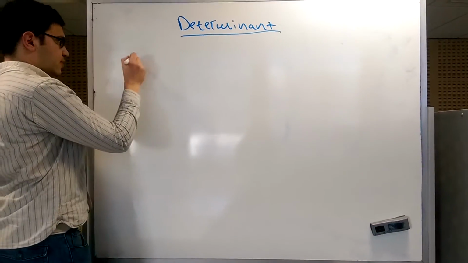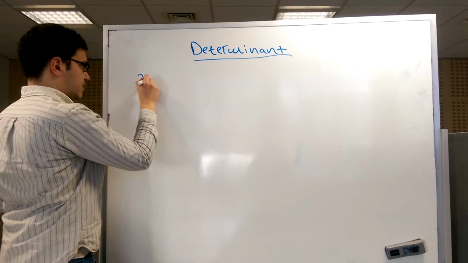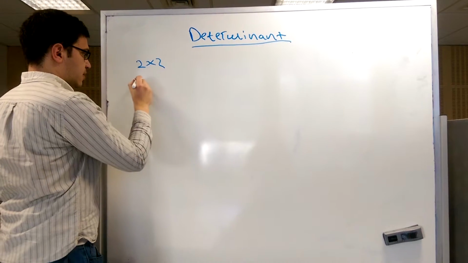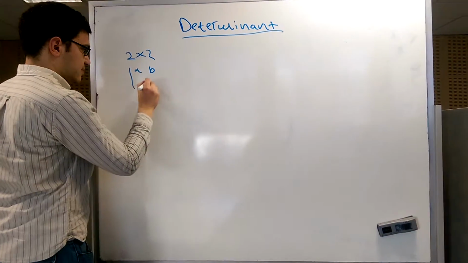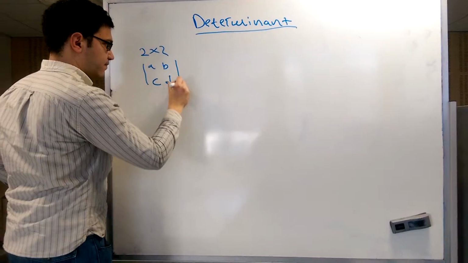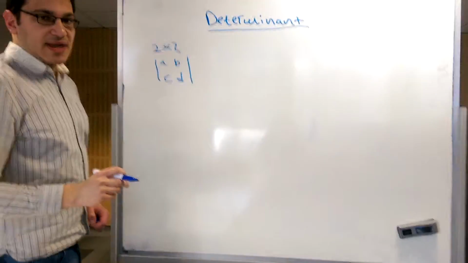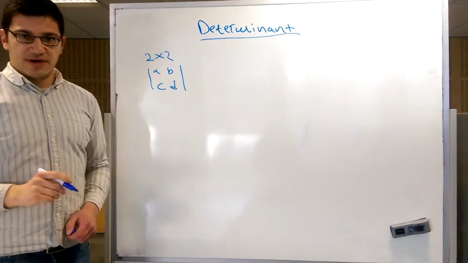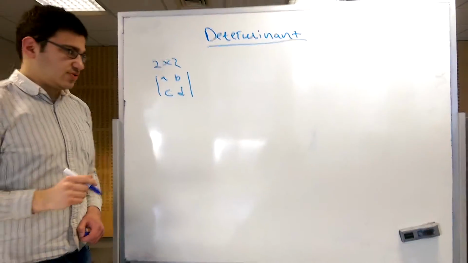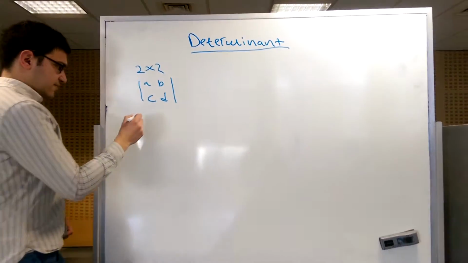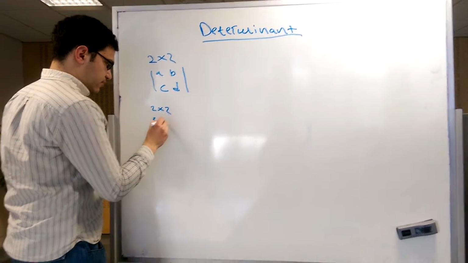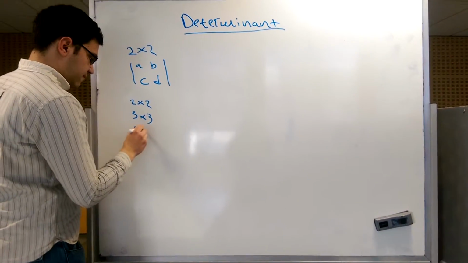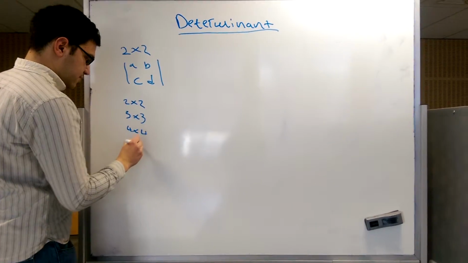So we first start from the 2 by 2 matrix, A, B, C, D. In order to calculate the determinant of a matrix, you have to make sure that you have a square matrix. That means that you have to have a 2 by 2, 3 by 3, 4 by 4, and so on.